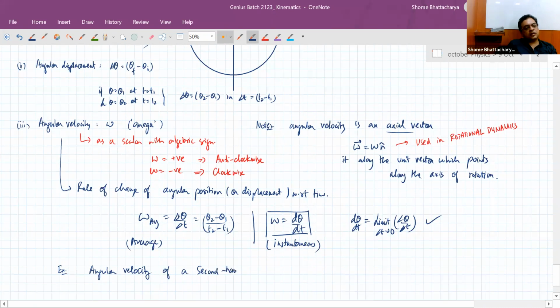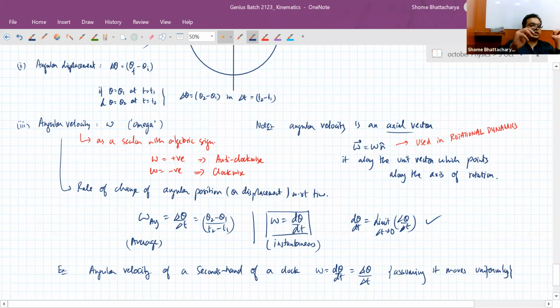Take a second hand of a clock. Now this will be equal to this, in the case of it being a seconds hand that moves smoothly, not jerking. Okay, there's one type of seconds hand that goes click, click, click like that, so it jerks. And there's another one that goes smoothly, uniformly.